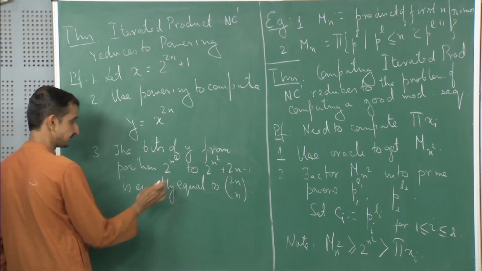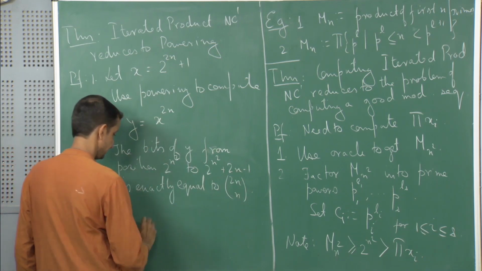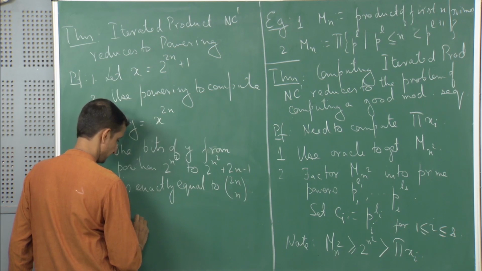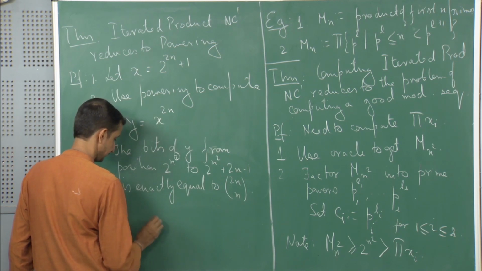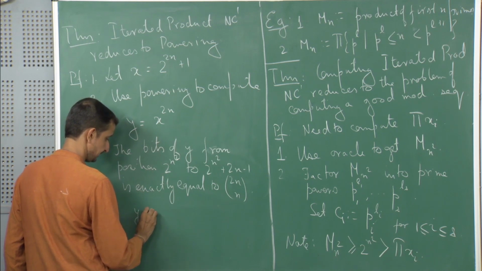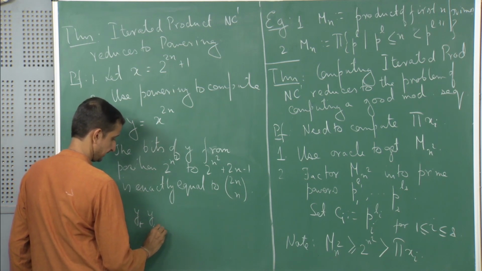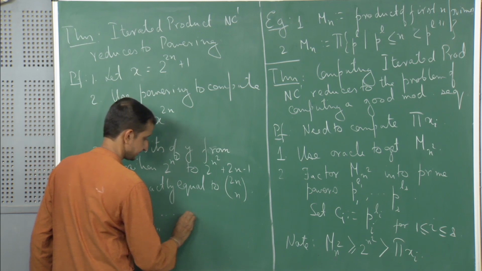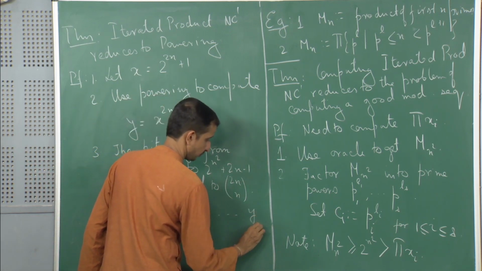So essentially what I am saying is that if you look at y, so I have my bits of y, let us say y t minus 1 up to y 0.